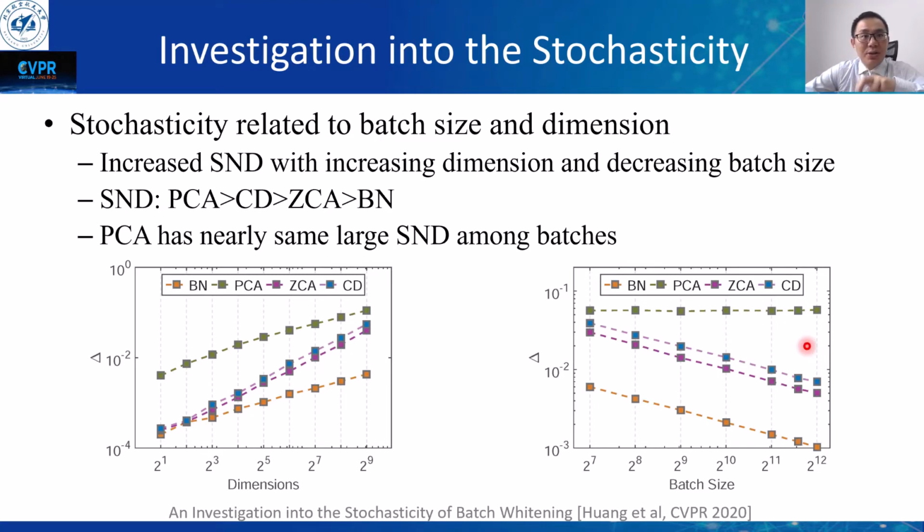This suggests that PCA whitening is extremely unstable, no matter how accurate the estimation of the mini-batch covariance matrix is. This effect is in accordance with the explanation of stochastic axis swapping, where a small change of the examples when performing PCA whitening results in a large change of representation.